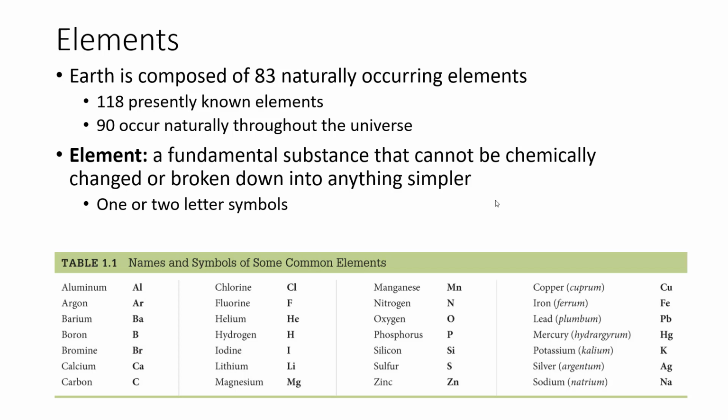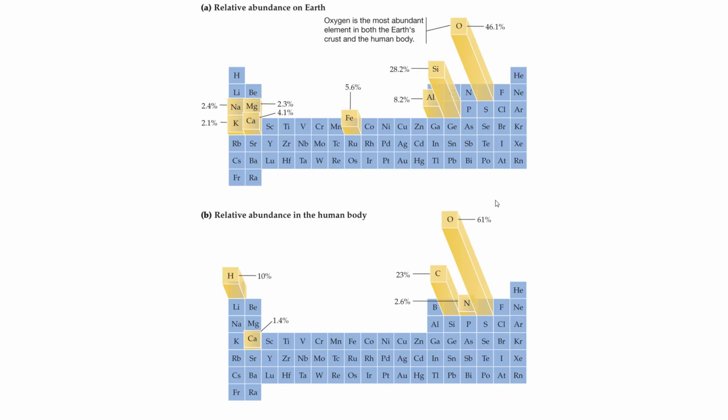And so if we take a look at the relative abundance of these atoms on Earth and the human body, we can see that the Earth is mostly composed of silicon, which is silicon dioxide. So that is going to be glass and the crust of sand too.